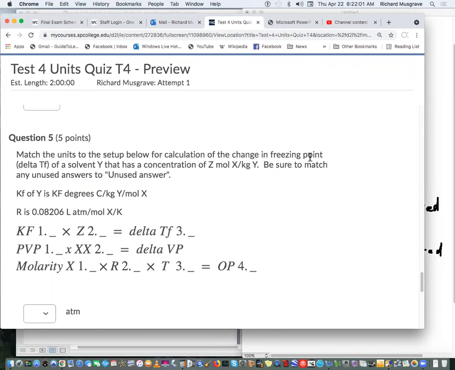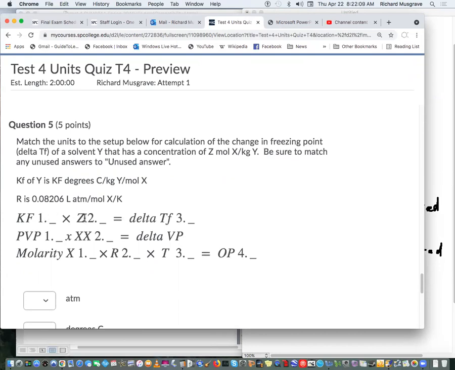It says change in freezing point, delta TF, and that's got to do with the first one. So this would be the one that has the options you're looking for. If it was about partial vapor pressure, it would be saying that here somewhere in the problem. If it's about molarity and osmotic pressure, then it would say that about that one, and that would be the option you'd be using. Is that clear?